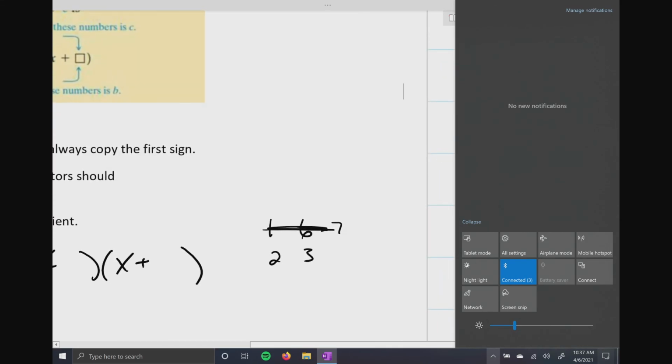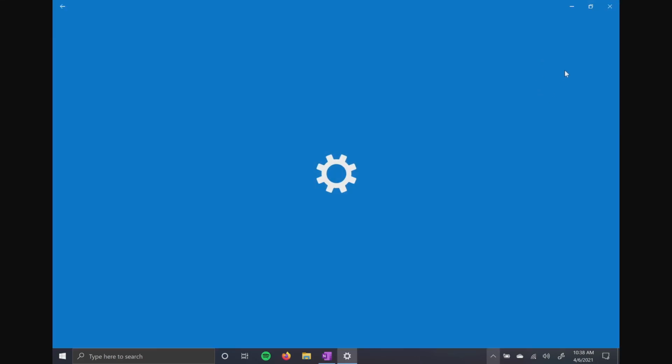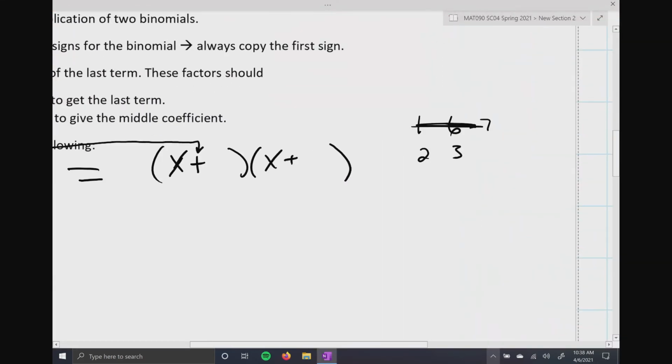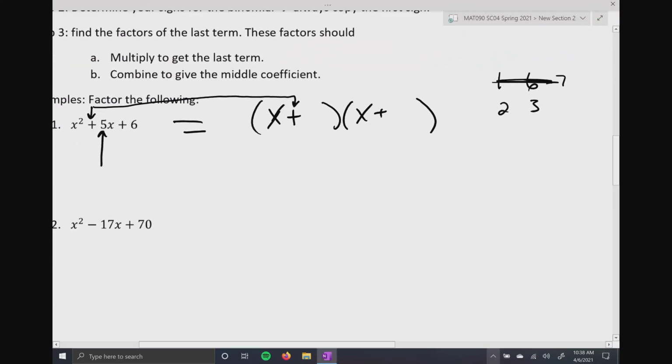What happened here? Come on. So 1 plus 6 equals 7. That doesn't work. But what's 2 plus 3? Wasn't that 5? So I know my answers are 2 and 3. 2 and 3. And there you go. You just factored.